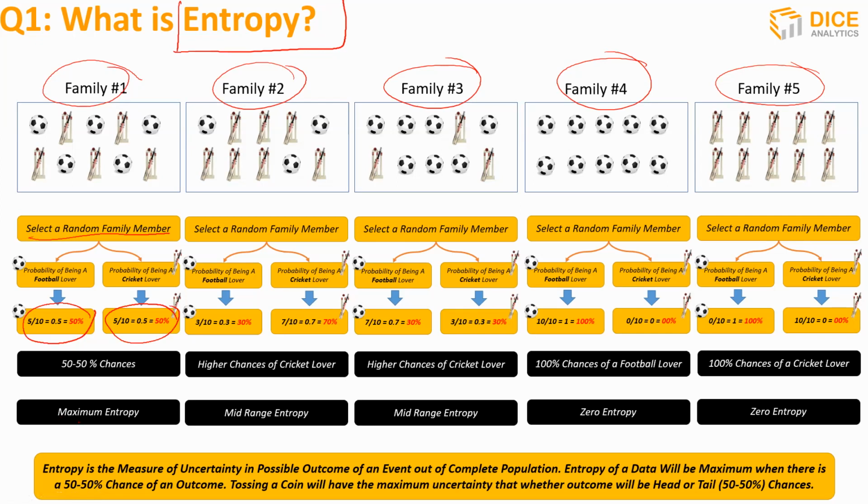We call this maximum entropy, or maximum confusion, right? If I ask you, if you randomly select a person from family number 1, will he be a cricket lover or a football lover, you will say there are 50% chances, and we call this step the maximum confusion point.